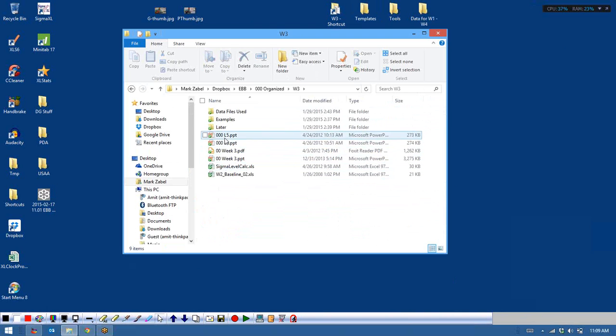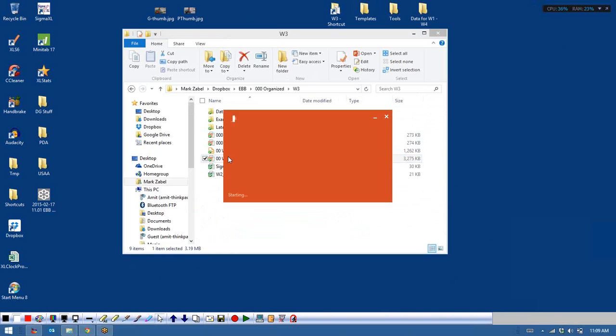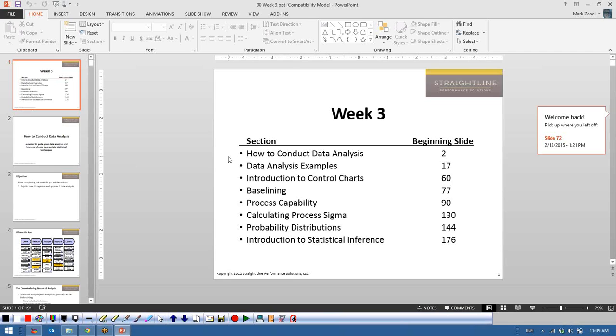Okay, so let's go into week 3, and we're going to start with a section on capability. I said 102, but that's not right. Process capability is on page 90. Yes, that's the one we want. Thank you. Appreciate that.